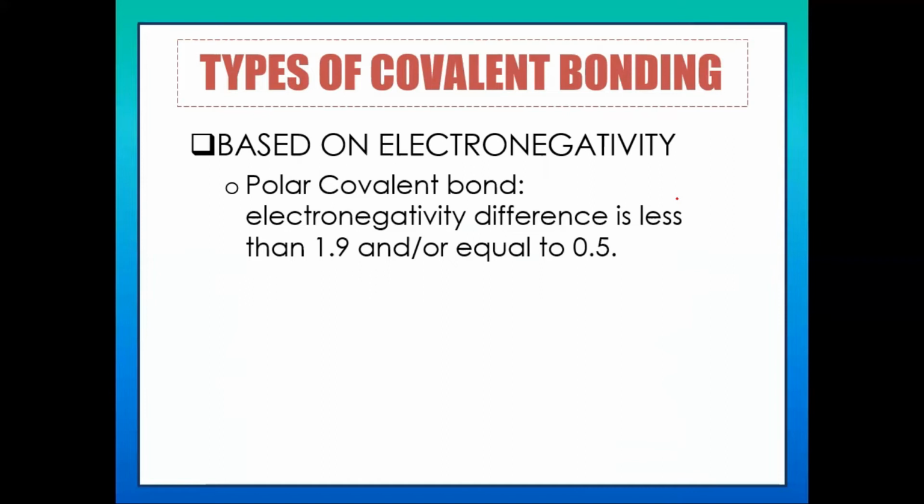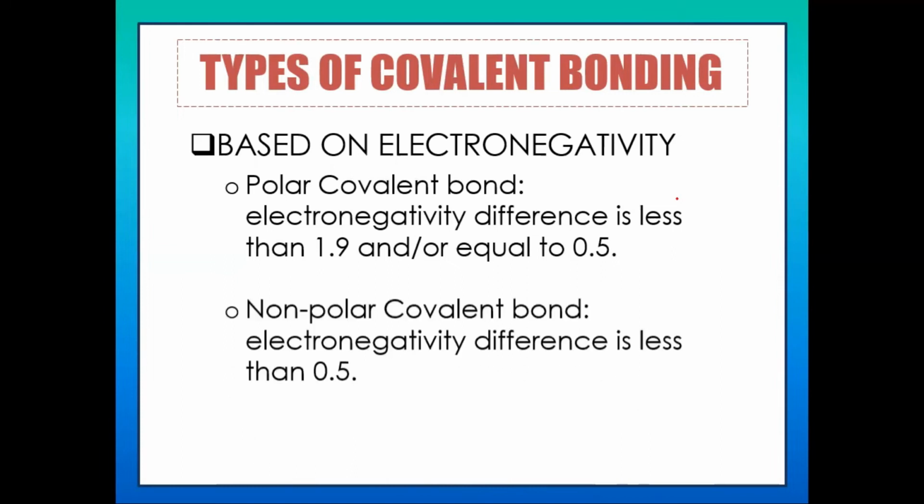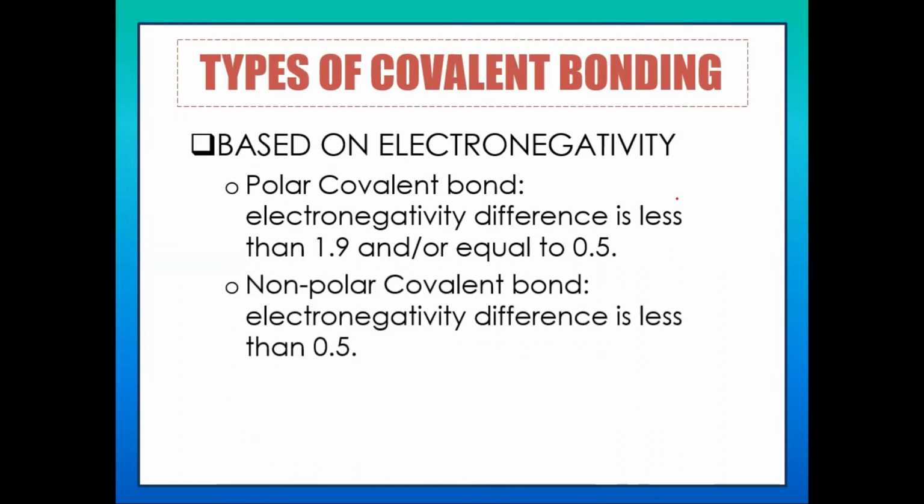Polar covalent bond kapag ang value is less than 1.9 or equal to 0.5. Okay? And non-polar covalent bond if the electronegativity difference value is less than 0.5, non-polar. I will not further elaborate this one kasi nga na-aral na natin. But this is still important in covalent bond.